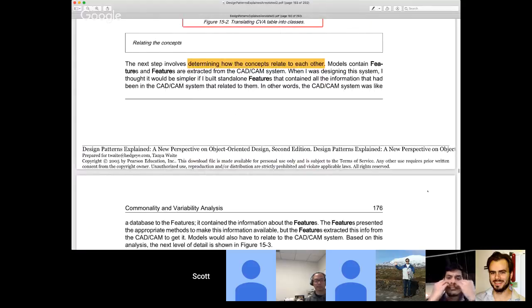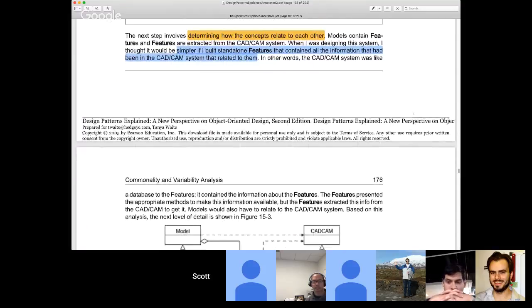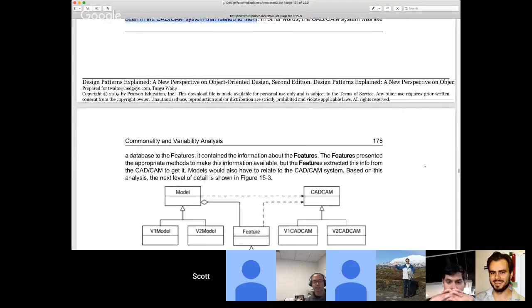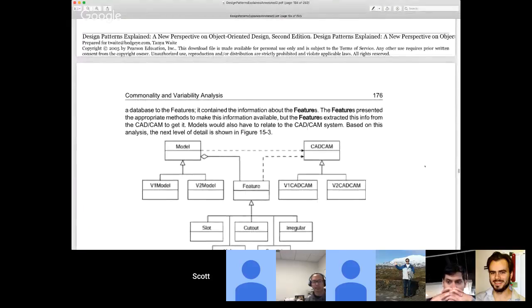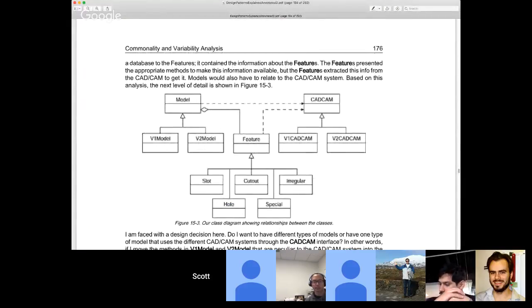So his first try was he guessed that if he designed the system, it would be simpler if he built standalone features that contained all the information that had been in the CAD/CAM system that related to them. In other words, the CAD/CAM system was a database of the features. The CAD/CAM system contained the information about the features.